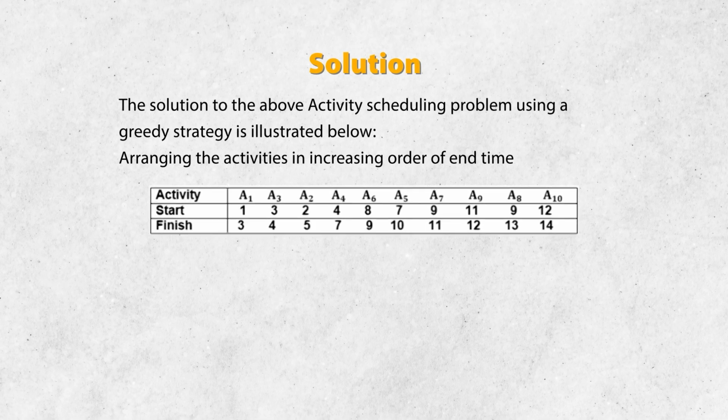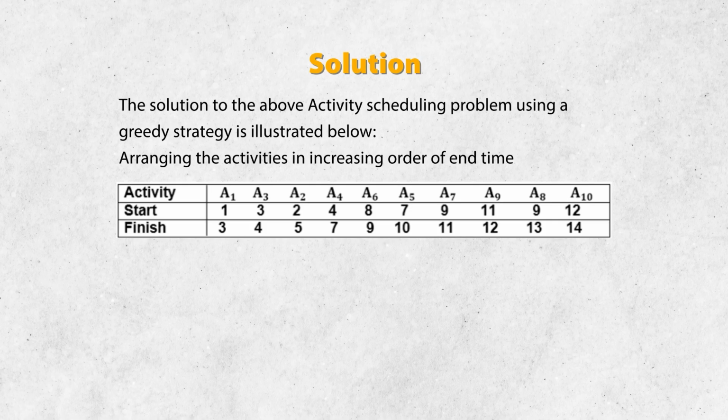The solution is very simple. Firstly, you arrange the activities in increasing order of their end time. So what do we mean by this? Suppose activity A1 is finishing at 3, so the smallest thing you are getting here is 3. So you write A1 first.